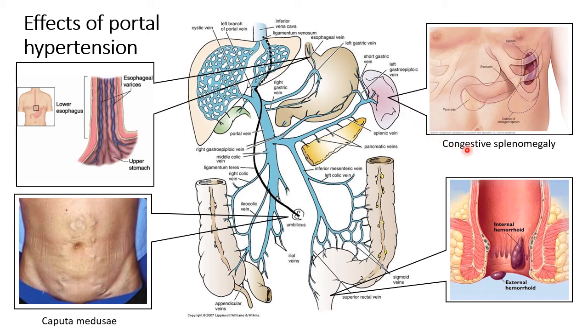This condition is called congestive splenomegaly. So these are four conditions that can occur due to portal hypertension, which is increased pressure in the portal venous system.